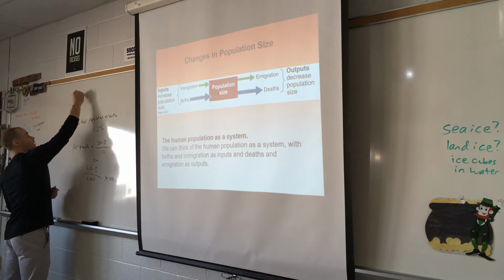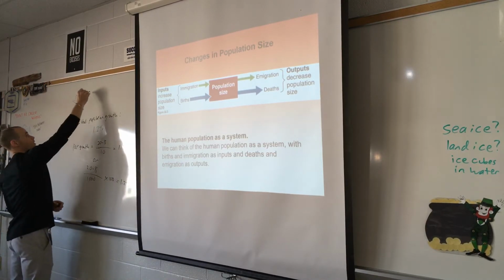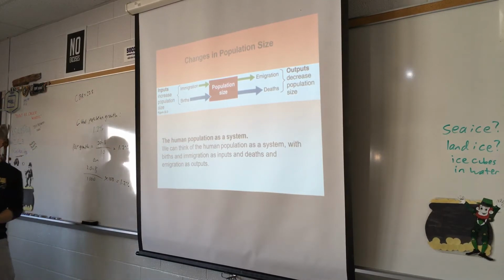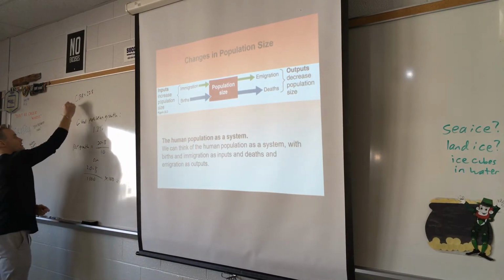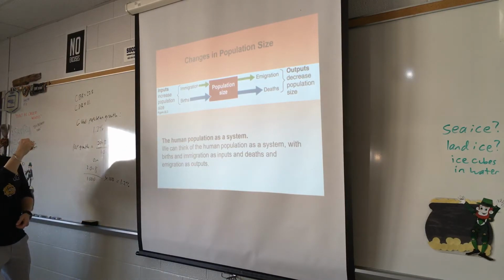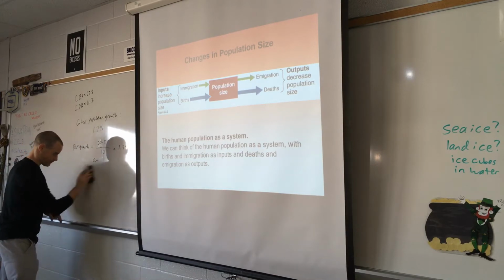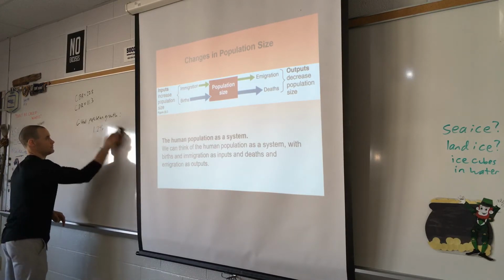Didn't you have 22.8 out of 1,000? 22.8. It's an average. And then CDR is 11.3. Give me the population growth.